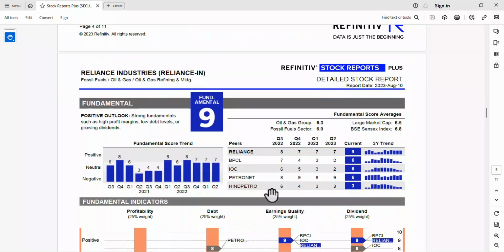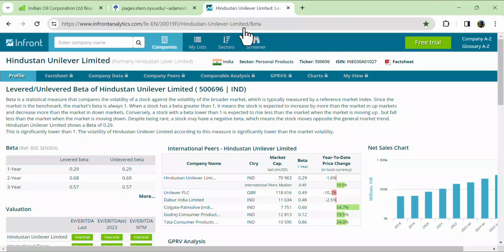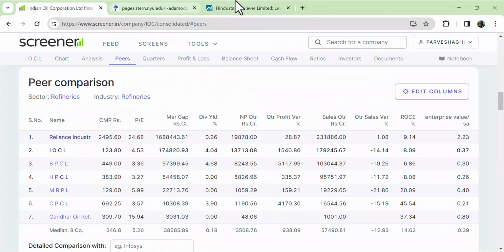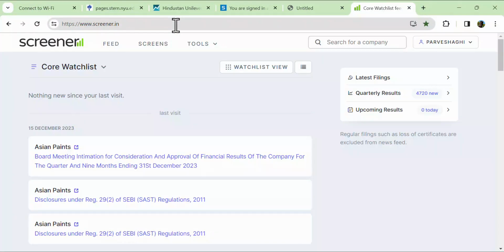Then the fundamentals. Strong fundamentals such as high profit margins. Company's profit margins are very good. So let's go and check the profit margins from the screener. Look at Reliance. Screener. Okay. Let's go to Reliance.